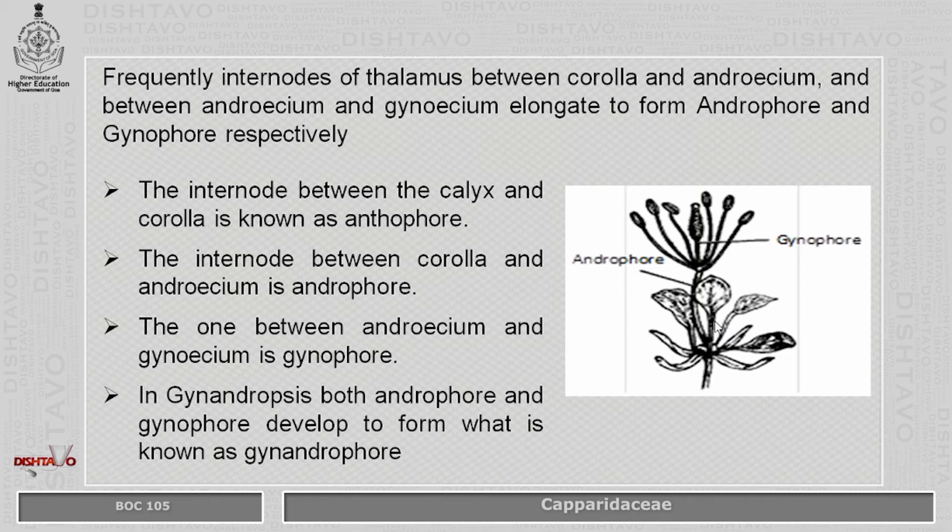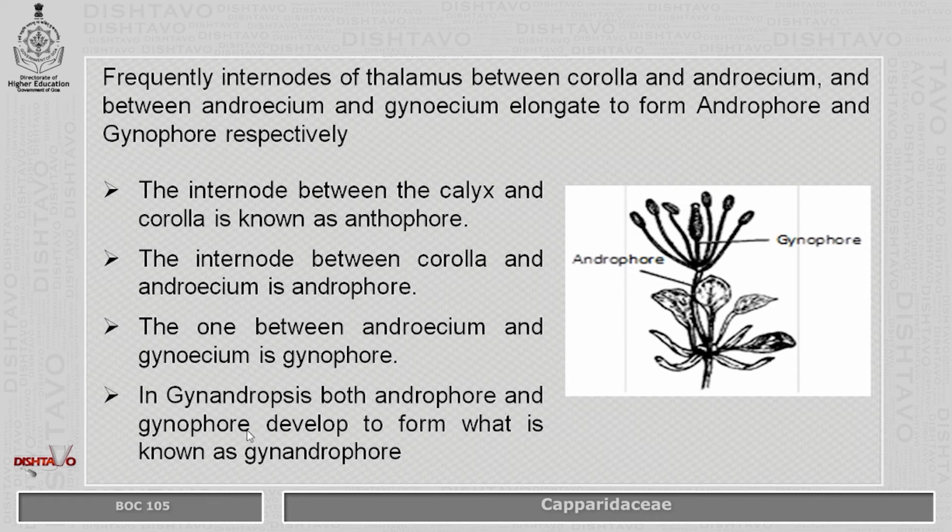The thalamus gets elongated to form what can be called an androphore, that is between the corolla and the androecium. The thalamus extension between the stamens and the gynoecium can be called a gynophore.